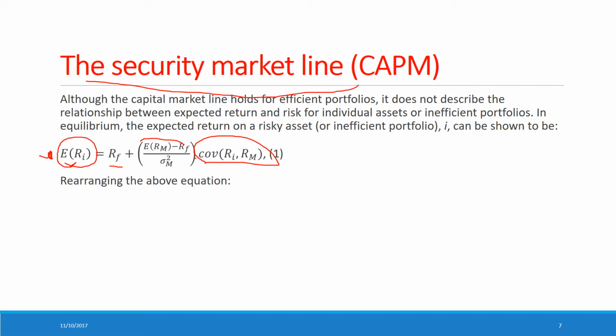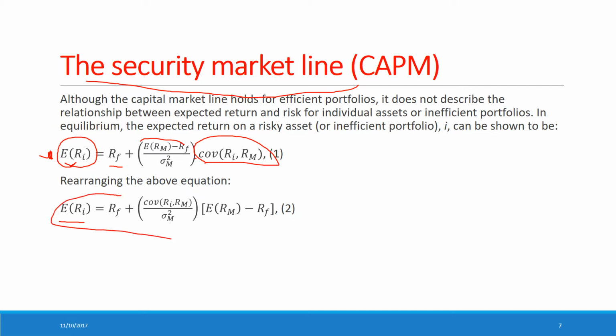So if we rearrange the equation, we have this equation here, or what we call the capital asset pricing model, right? So the capital asset pricing model tries to explain individual asset returns as a function of the market excess returns, right? And this relationship is described by this term over here, and this is what we call beta, right?